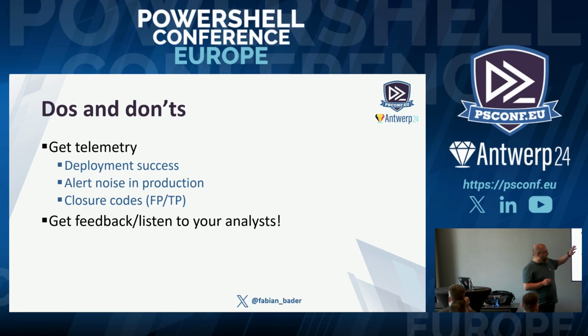Get information about how your incidents are performing, because just because you have decided this analytic rule is good doesn't mean that your analysts and the false positive rate agree with that. So get information about that, and also always listen to your analysts, get feedback from them. They are working with the end result, and if something is not working, they are the first to know.